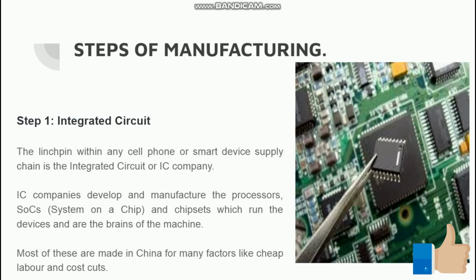So the integrated circuit company is very important in the manufacturing of smartphones. This is a picture of an integrated circuit, and the components are being placed on it. Most of these integrated circuits are made in China for many factors like cheap labor, cost cuts, and also favorable government policies.